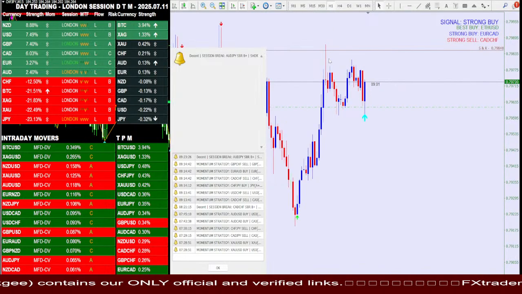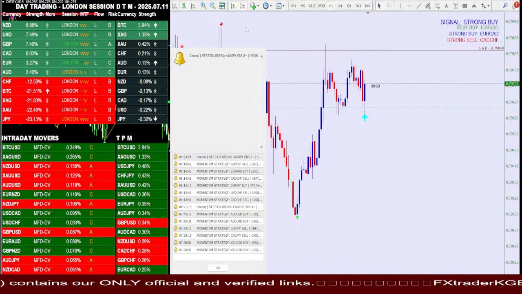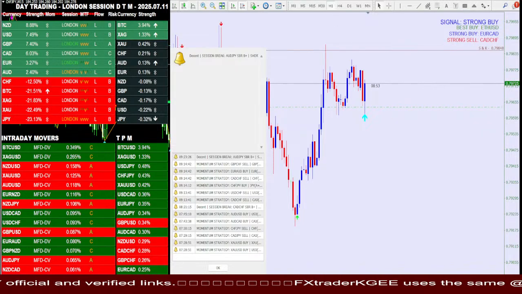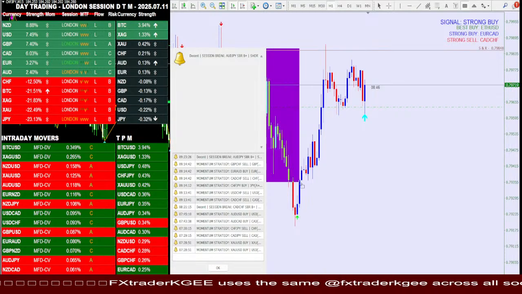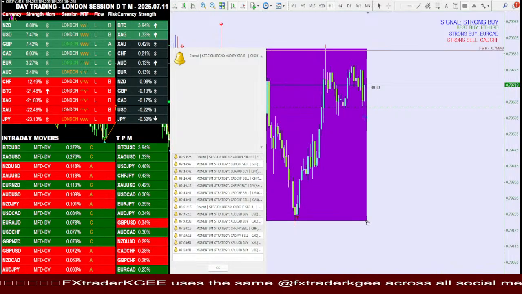Let's also look at it from the bigger picture. We have had a lot of consolidation, and price has built a zone. USD CHF has built a zone. Now this is it, and I'm going to put it here.